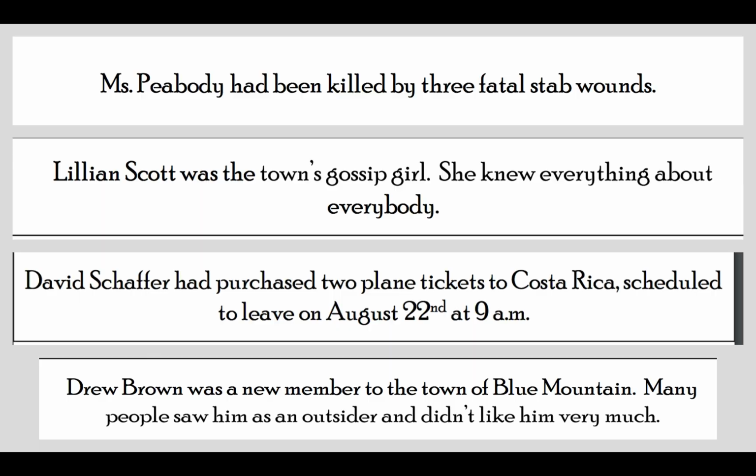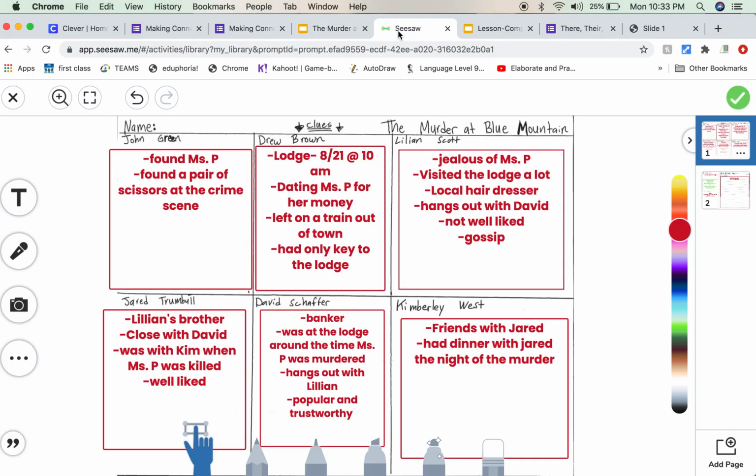These are all of our clues now. So let's go back and add in Seesaw. For David, we found out a new clue is he bought 2 plane tickets. So Mr. David is trying to leave Blue Mountain.